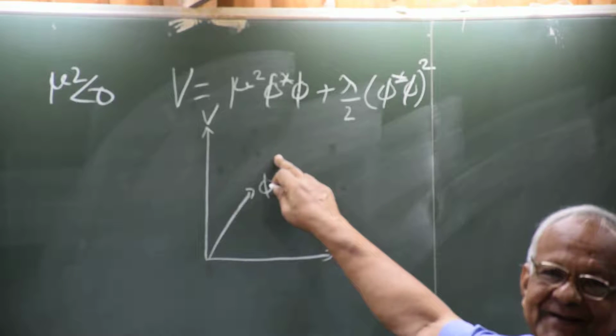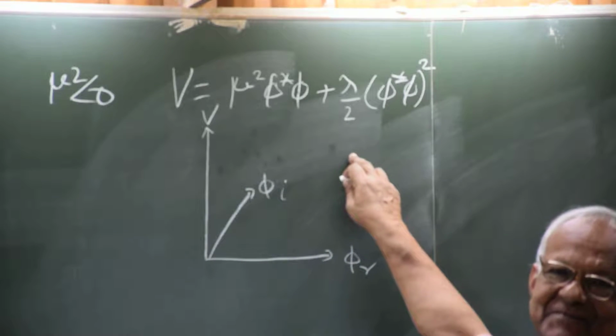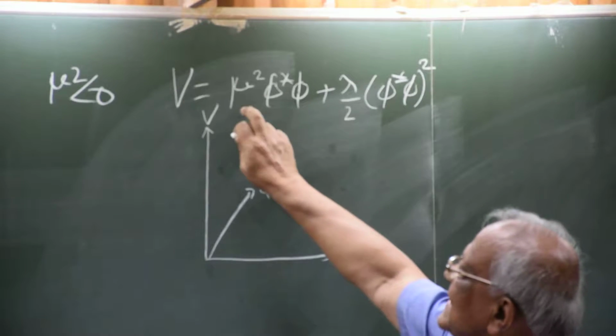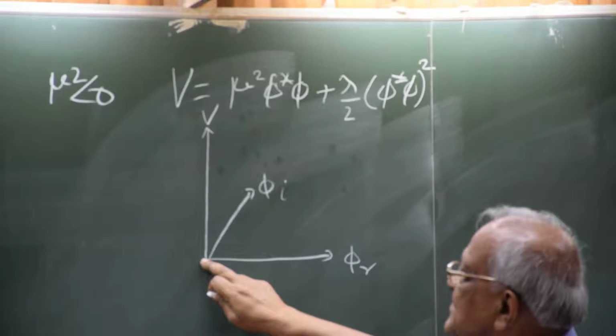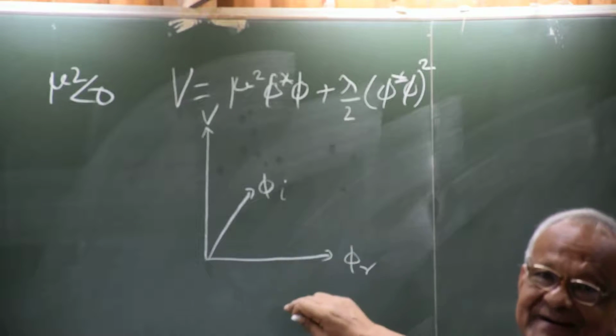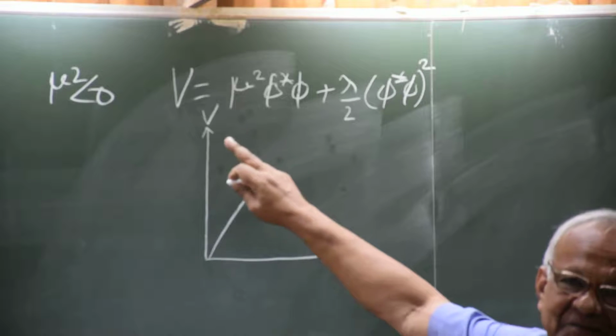It is epsilon square will be larger than epsilon fourth. So that means if mu square is negative, then of course it will start from 0 then become negative. But at larger phi, the quartic will win, so it will again become positive.